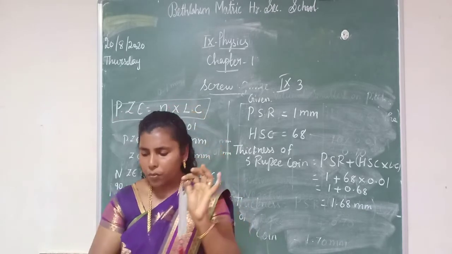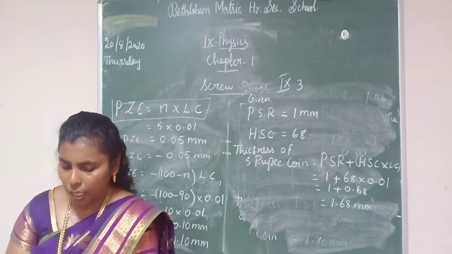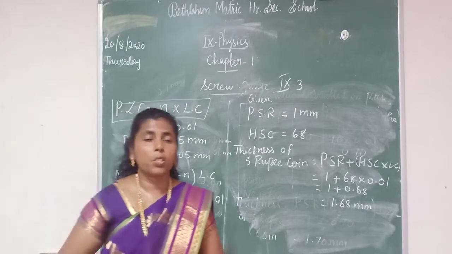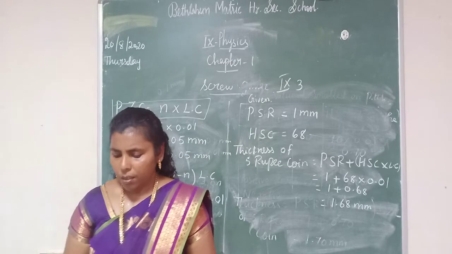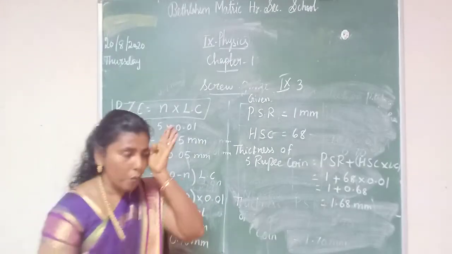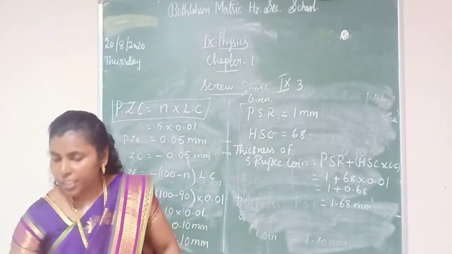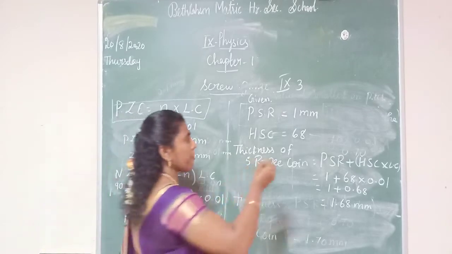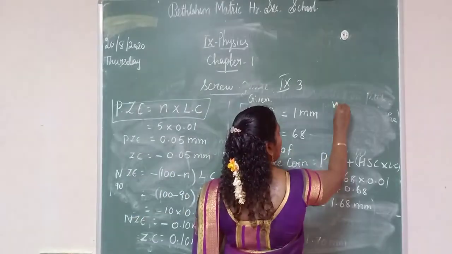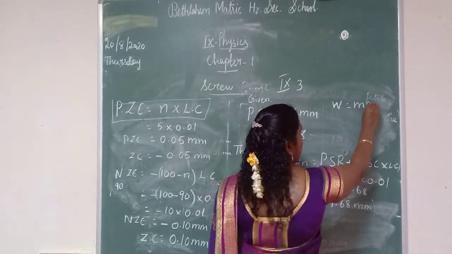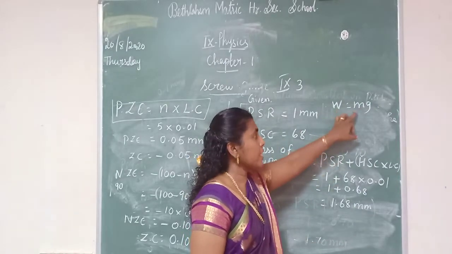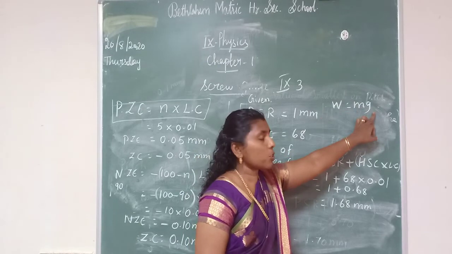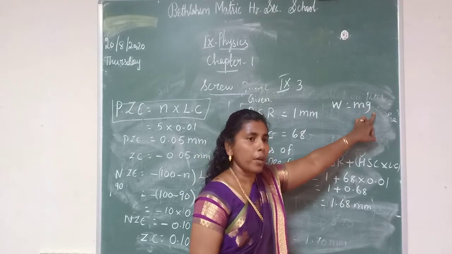So now we have learned different instruments to measure mass and weight. Now we have to differentiate mass and weight. What is the formula for weight? W equal to mg. W means weight, m means mass, g means acceleration due to gravity.